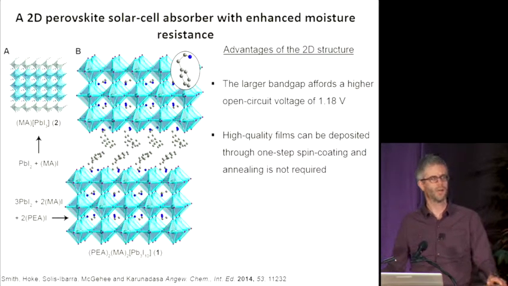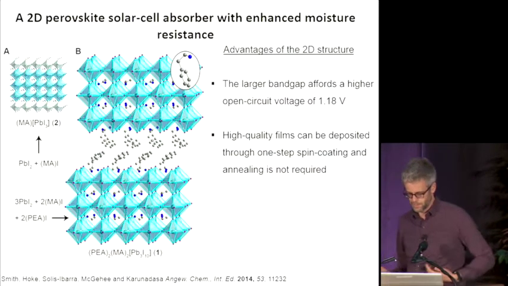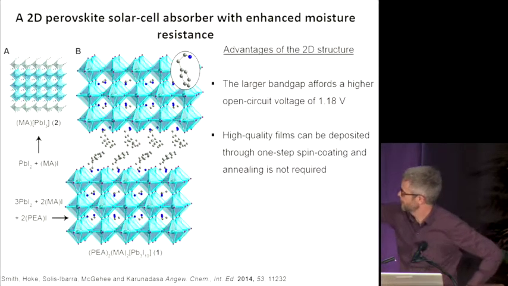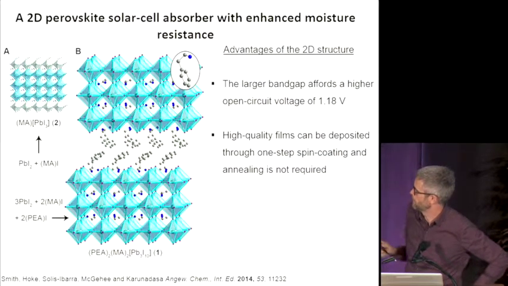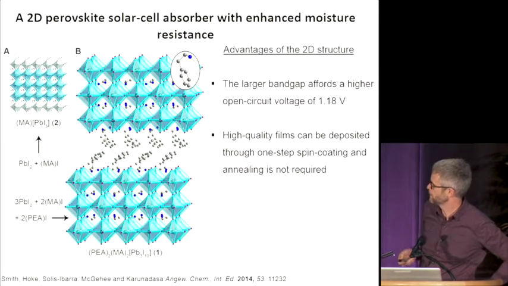I just mentioned how one of the problems with perovskites is they're not stable to moisture. And to attack that, and for some other reasons as well, she's modified this three-dimensional perovskite where you have the octahedral cages touching each other in all three directions, and made a two-dimensional compound where there's an organic component that separates some of the layers.